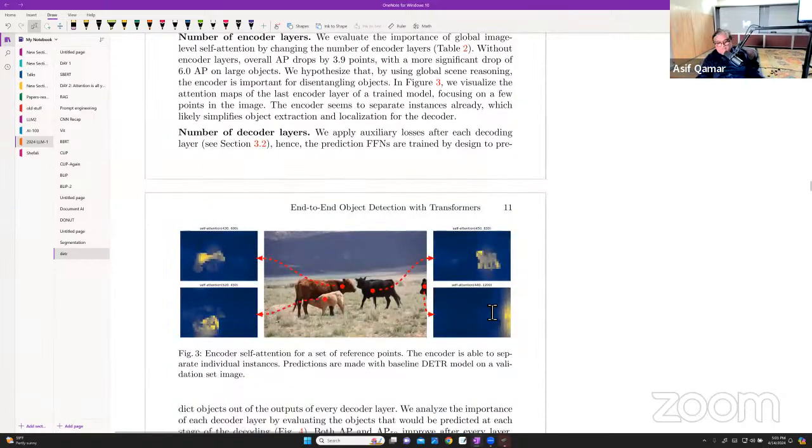Do you notice how encoder self-attention works for a set of reference points? What is the encoder producing? Encoders produce attention maps, right, in some sense. Do you notice how well it is producing self-attention? Just looking at these attention heat maps, would you agree that it knows where to pay attention in the picture?